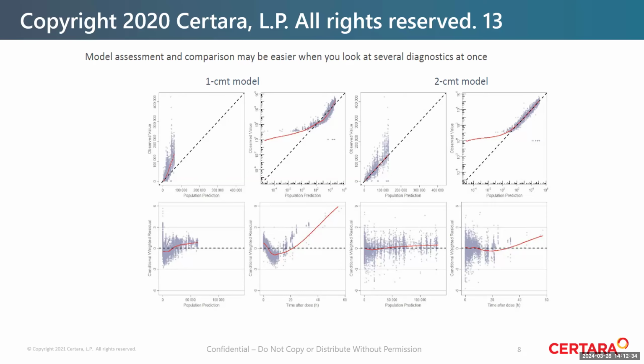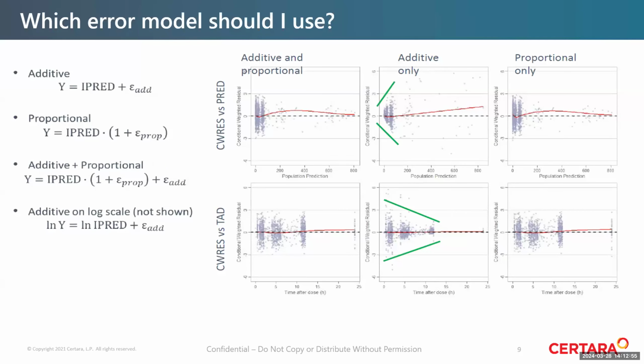As you can look at this figure here on the left being compared to this one, here it was diverting away from the fitted line, but here it falls along the line. So this was just to show us how one compartment model is more biased than two compartment model.